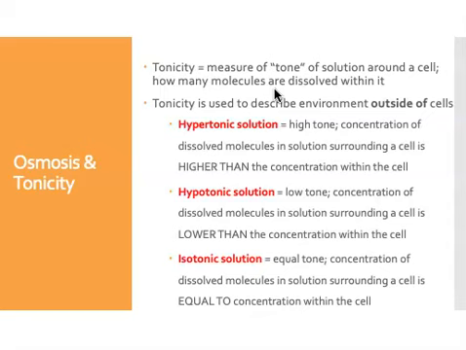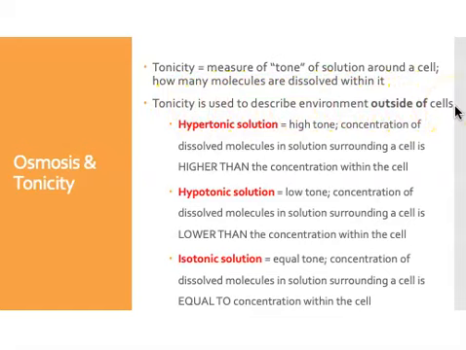Now, there are more technical terms for high and low tonicity. We use the term hypertonic to describe high tonicity and hypotonic to describe low tonicity. The key thing to remember is that tonicity describes the environment outside of the cell.